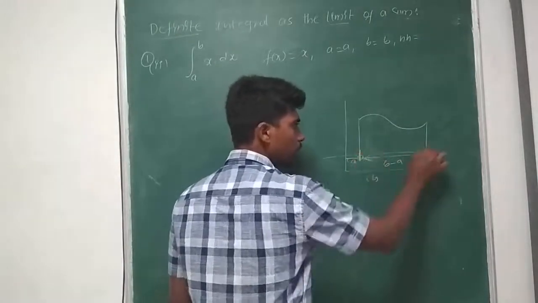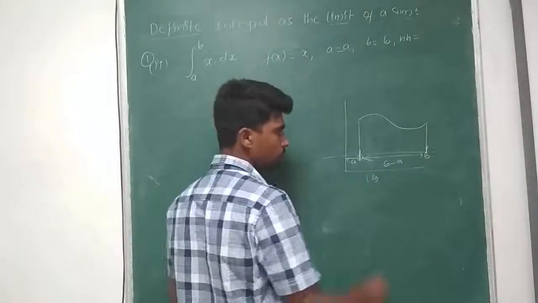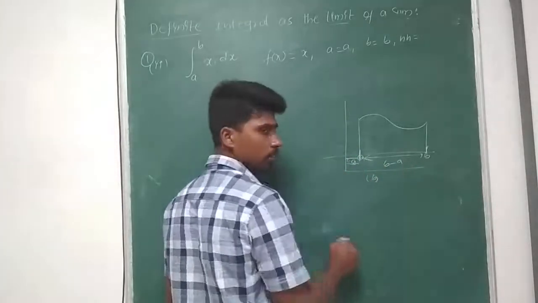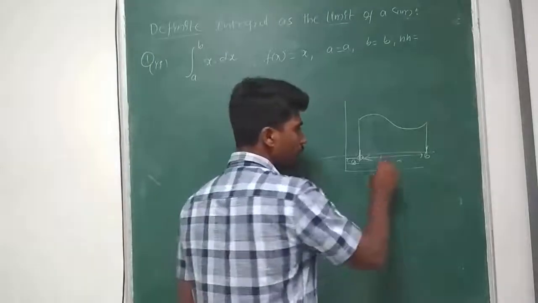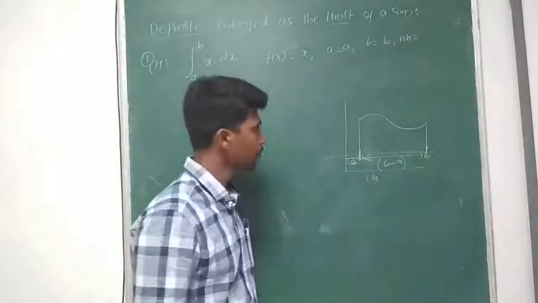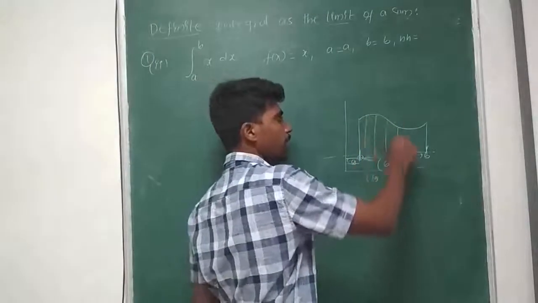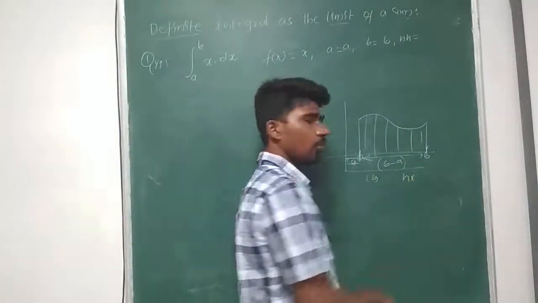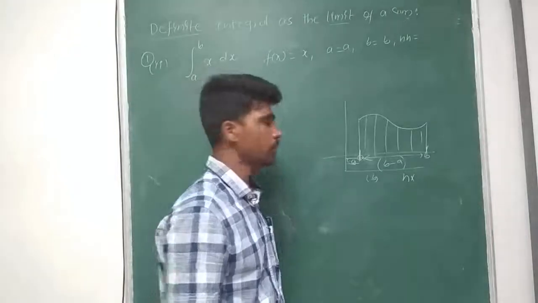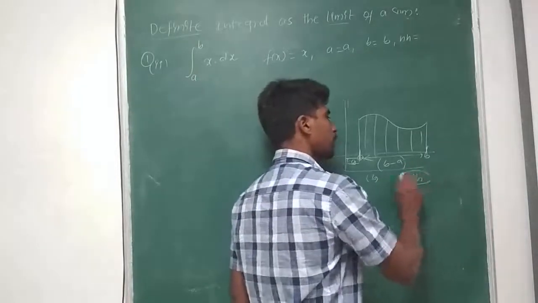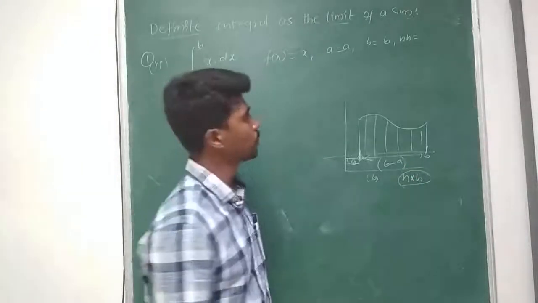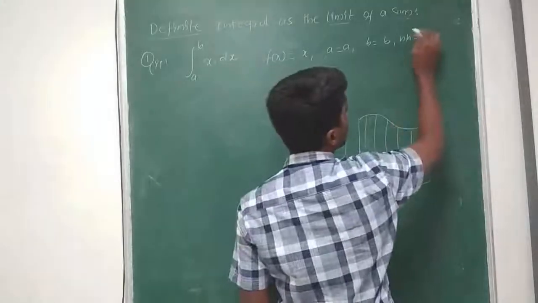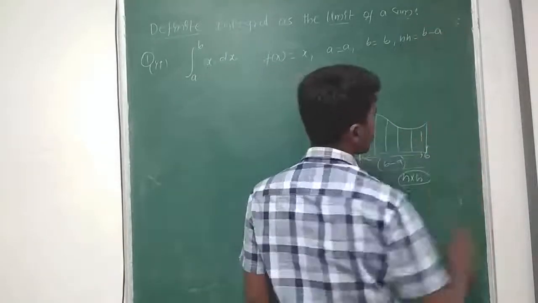Effectively b minus a represents how many strips I made. I made n strips, each of width h. So b minus a will be equal to n into h. So nh we replace as b minus a.